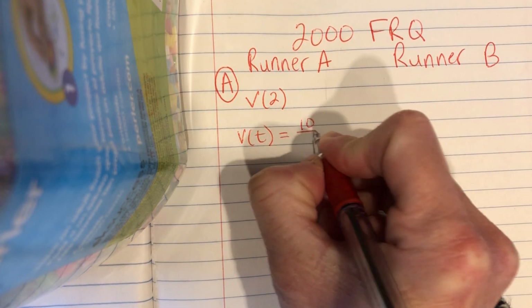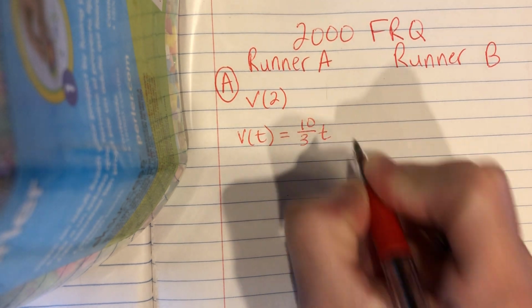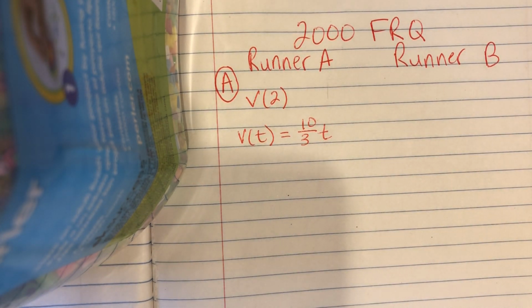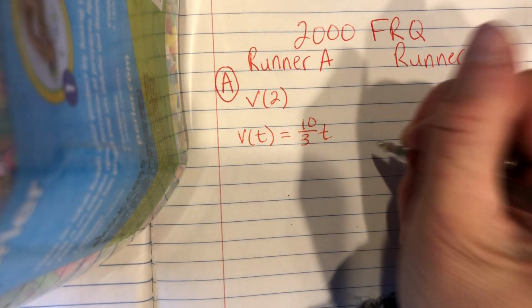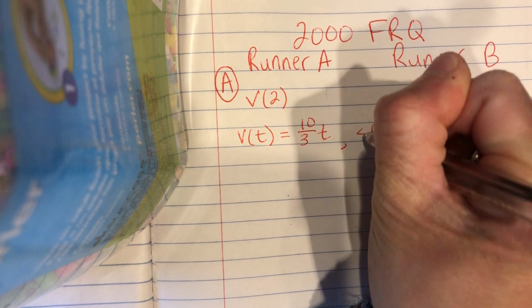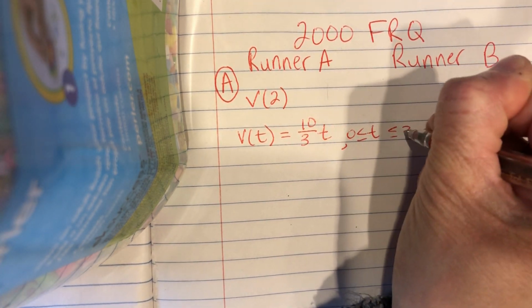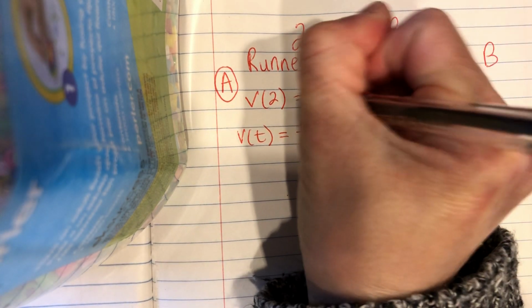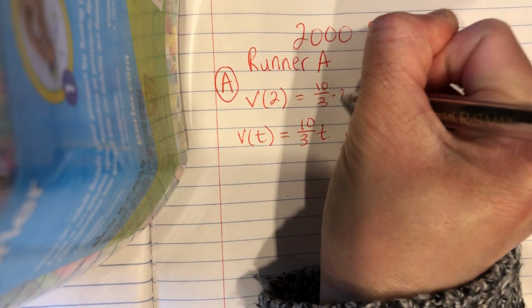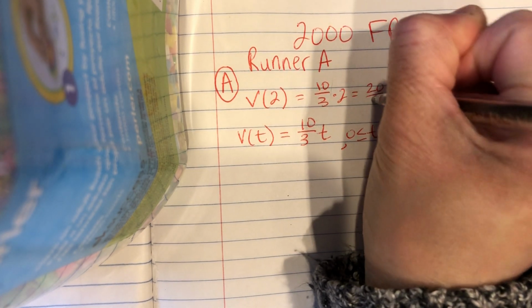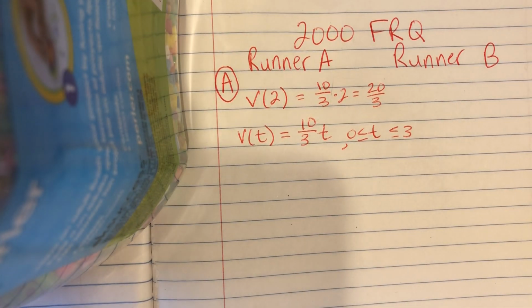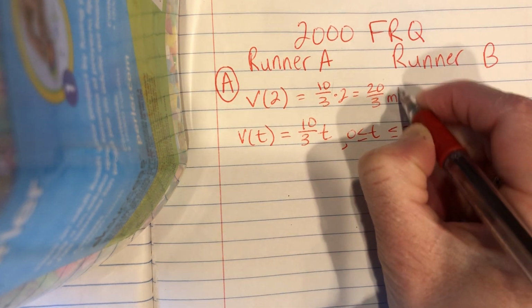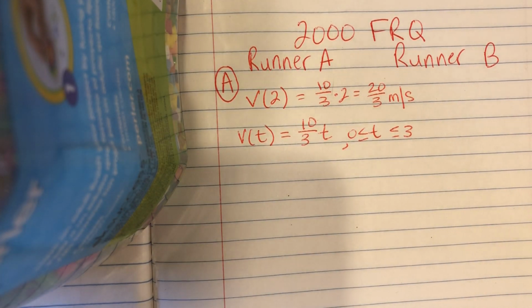So the equation would be v of t equals 10 thirds t, and this of course is only between the times of 0 and 3. So v of 2 would be 10 thirds times 2, which is 20 thirds. Again, my units are meters per second, so I want to make sure that I include those.